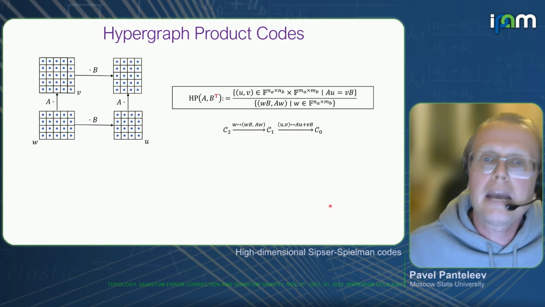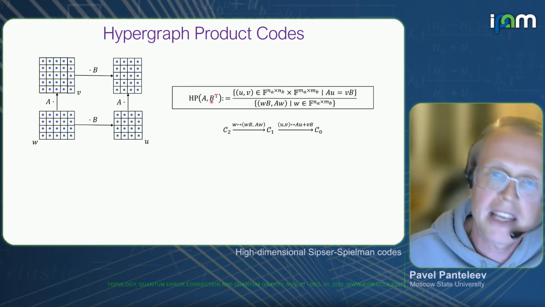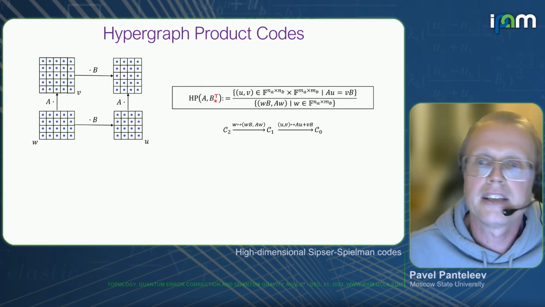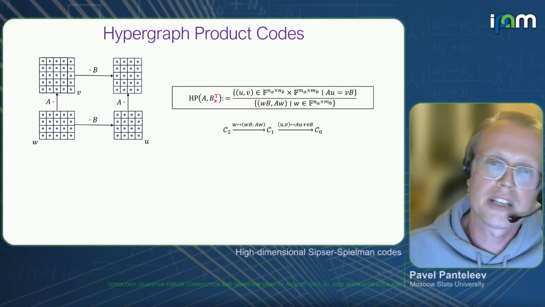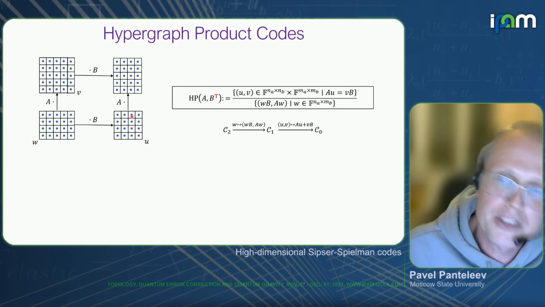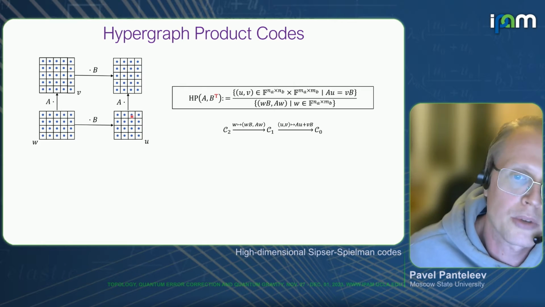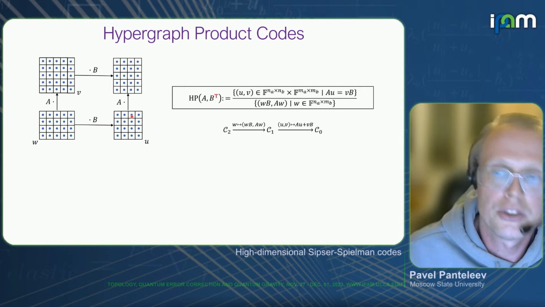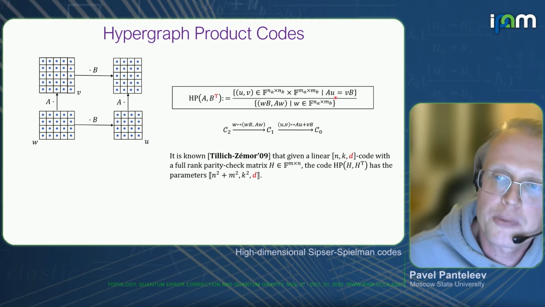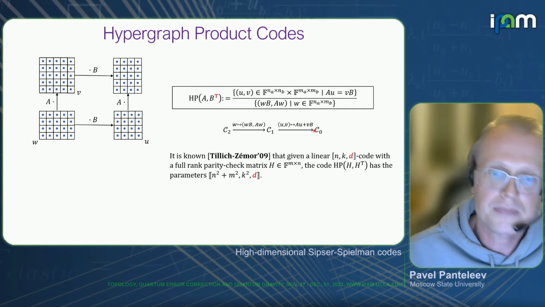But when we consider the hypergraph product code, it is much more convenient to use not matrix B, but the transpose of matrix B. In this case, we immediately can show that the code has a finite rate, which means the corresponding quantum CSS code has non-zero dimension. And we also have a much simpler representation of this code, as you can see.